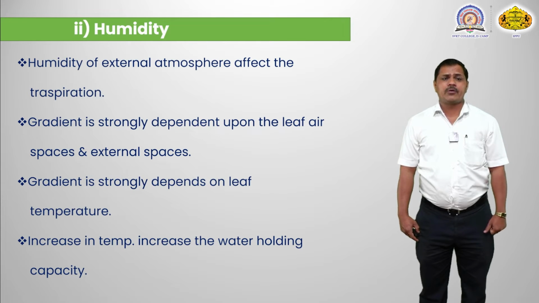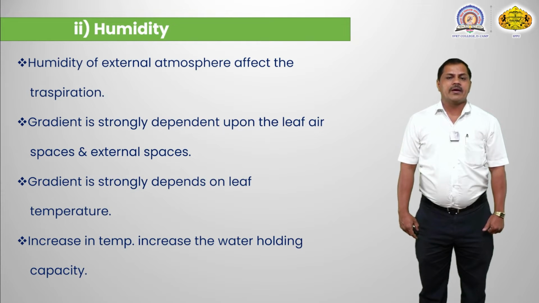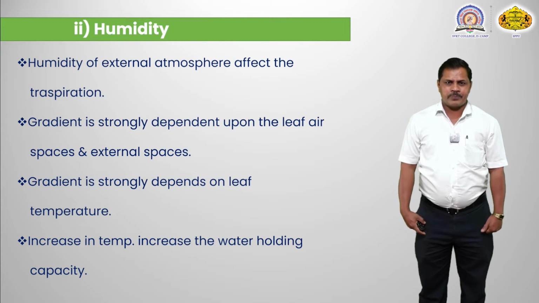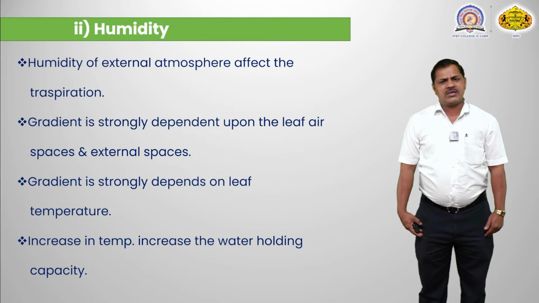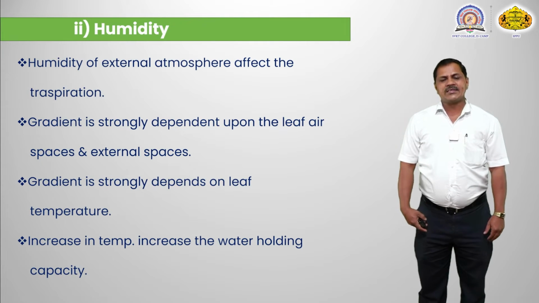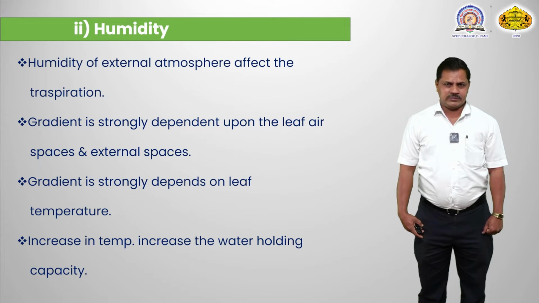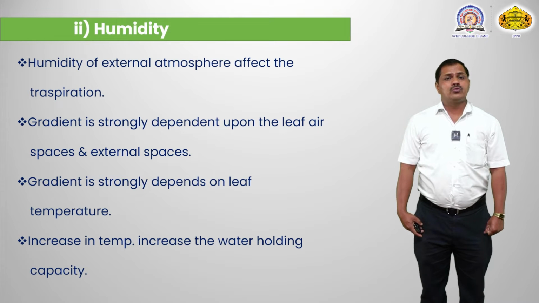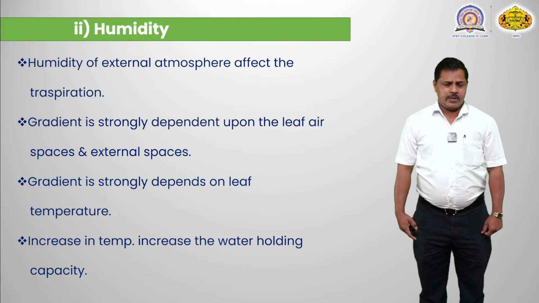Humidity is also affected by the leaf air space and the size of the leaves. The gradient also strongly depends on leaf temperature. When the leaf size is large and humidity is very low, the temperature increases, and hence the loss of water molecules is much more. Increasing the temperature increases the water holding capacity. When the temperature increases, the roots absorb a huge amount of water from the soil. It is a vice versa process.